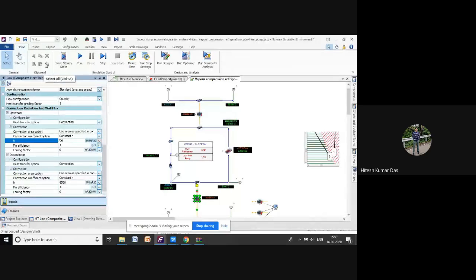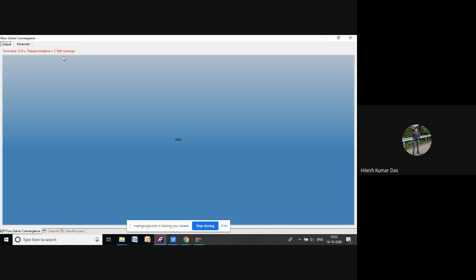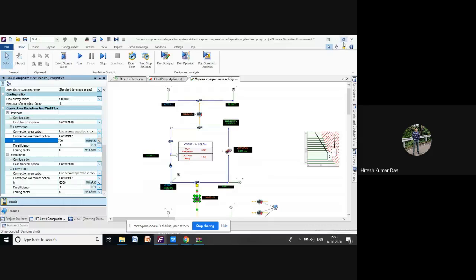For the steady state simulation, we have to click on this tab, solve steady state. You can see this is 100% solved. The next thing is for us to calculate the COP of this cycle.